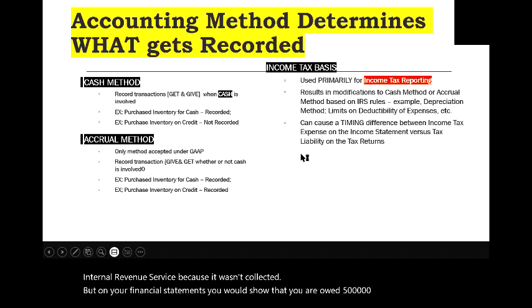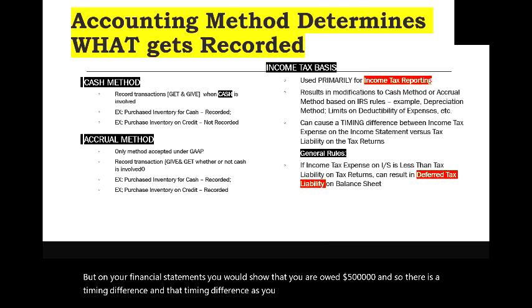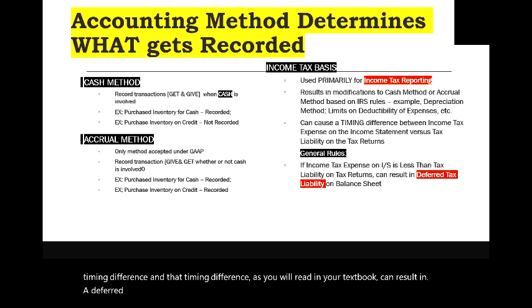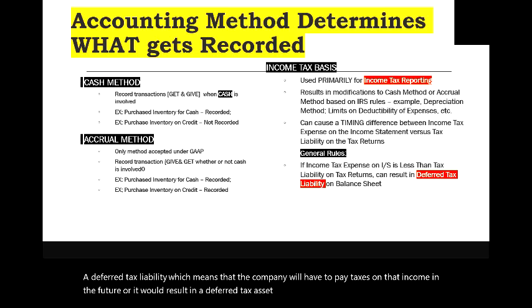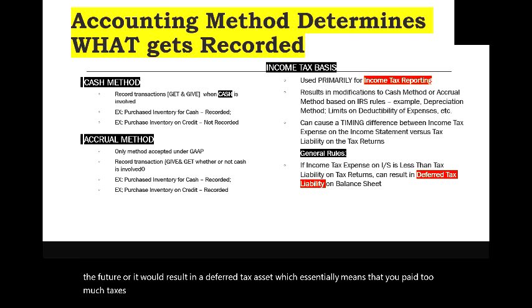$500,000. And so there's a timing difference, and that timing difference, as you will read in your textbook, can result in a deferred tax liability, which means that the company will have to pay taxes on that income in the future, or it would result in a deferred tax asset, which essentially means that you paid too much taxes now and you may be entitled to a refund in the near future.